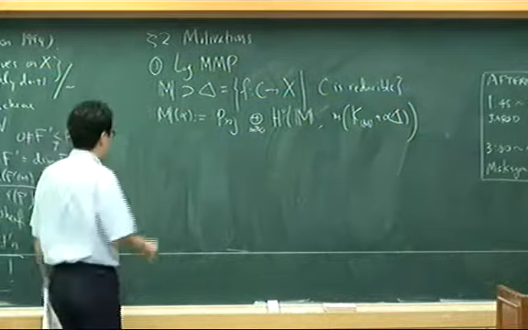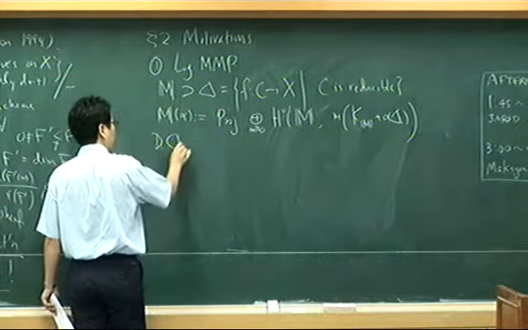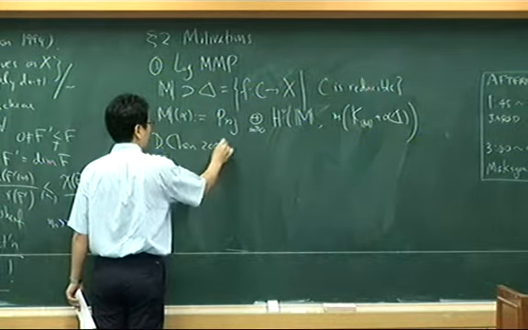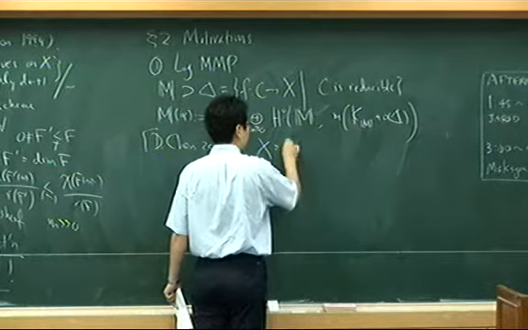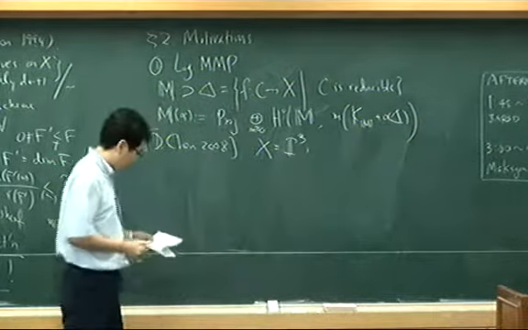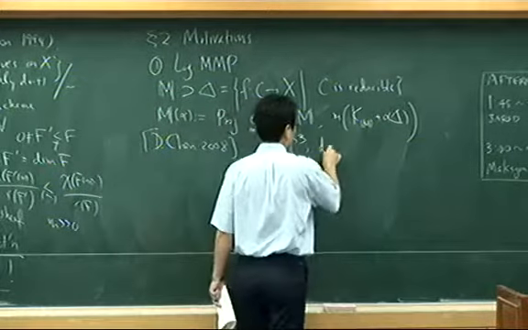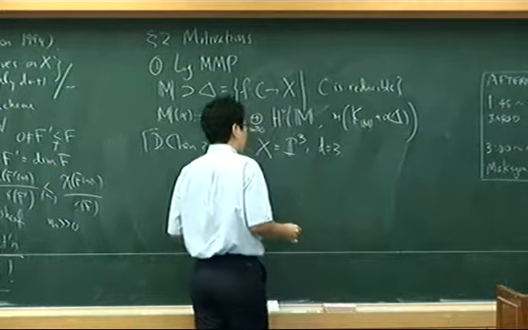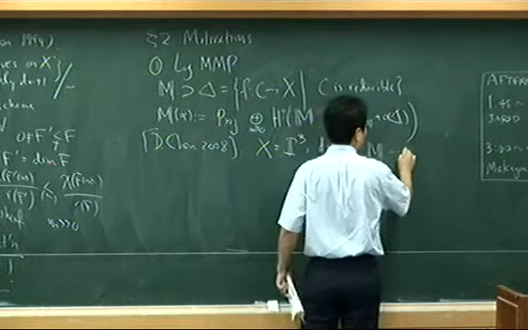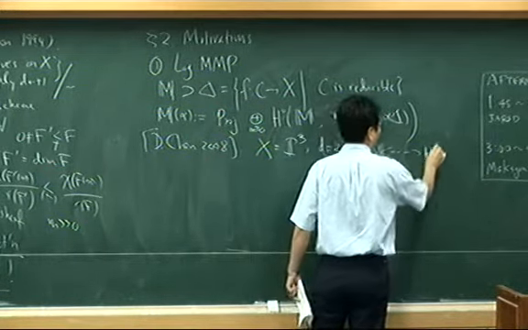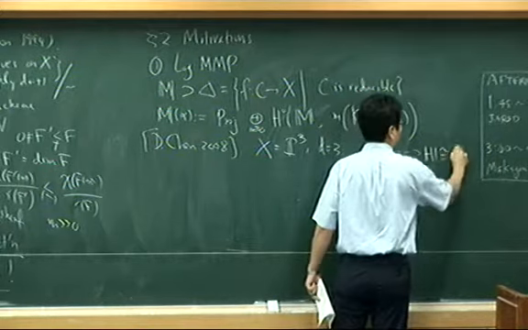In a really surprising paper by Dawei in 2008, it was proved that when X is P3, and when the degree is equal to 3, M and H, the Hilbert compactification, are related by a log flip, and the Hilbert compactification is isomorphic to the Simpson compactification.